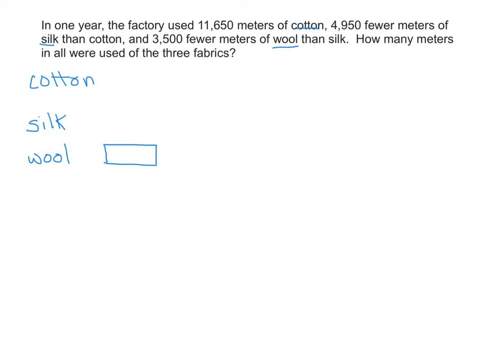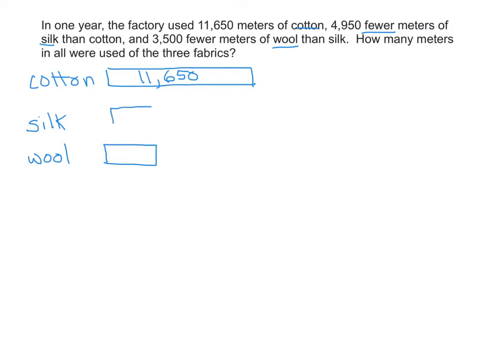11,650 meters of cotton were used. So I'm going to again make that fairly large so that I can work better with these. 11,650 meters were used. Then it was 4,950 fewer meters of silk than cotton.